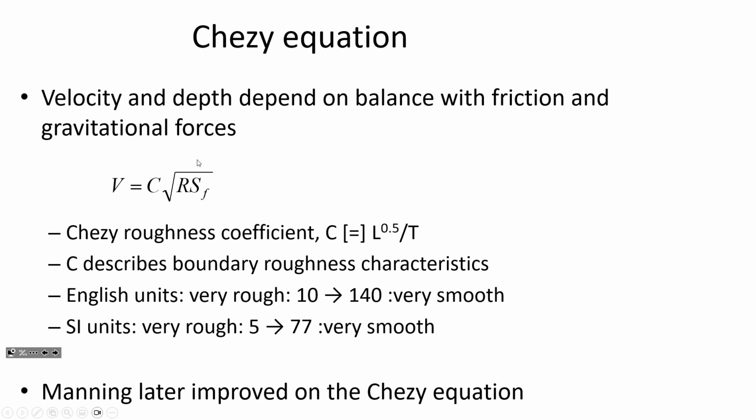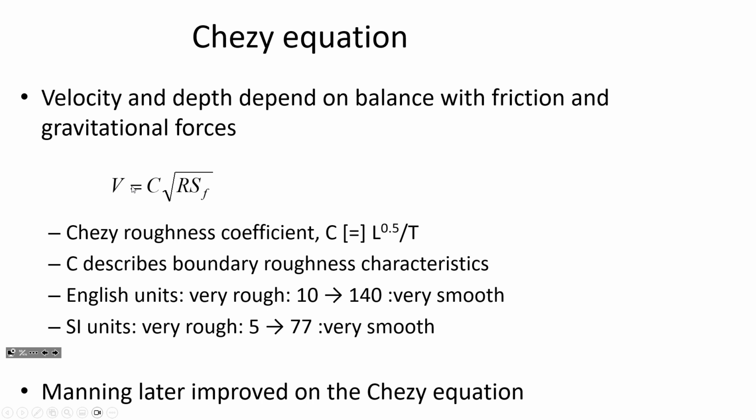So for example, if we had water flowing through a pipe and it was a pretty smooth pipe material, then that would have a high C value. There are different units depending on whether you're working in British gravitational system or SI. So very smooth in SI units would maybe be as high as 77. So if you have a really smooth pipe, then they'd put this C value as 77.